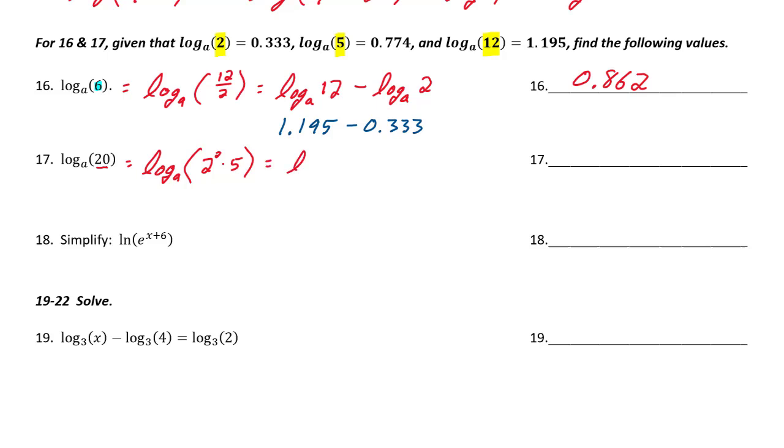Because that was a product inside, I should be able to separate this into log base A of 2 squared plus log base A of 5.